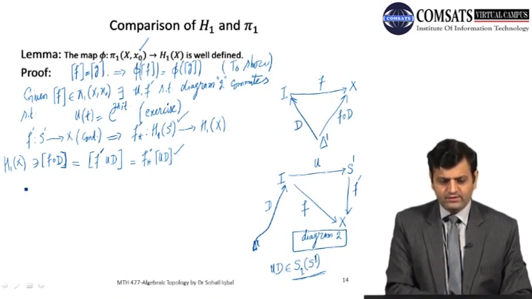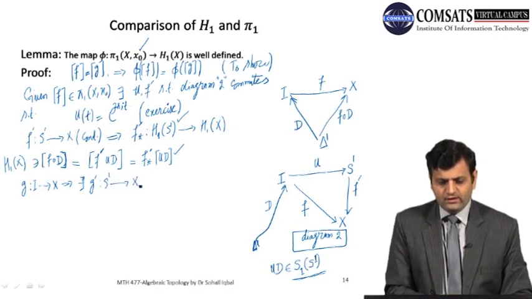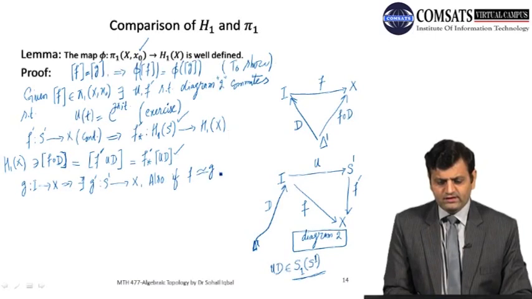So let's consider another element g from I to X. Then of course this implies that there exists g prime from S1 to X. Also, if f is homotopic to g, of course this is a relative homotopy with respect to I dot, then this implies that f prime is homotopic to g prime. So that's one observation.